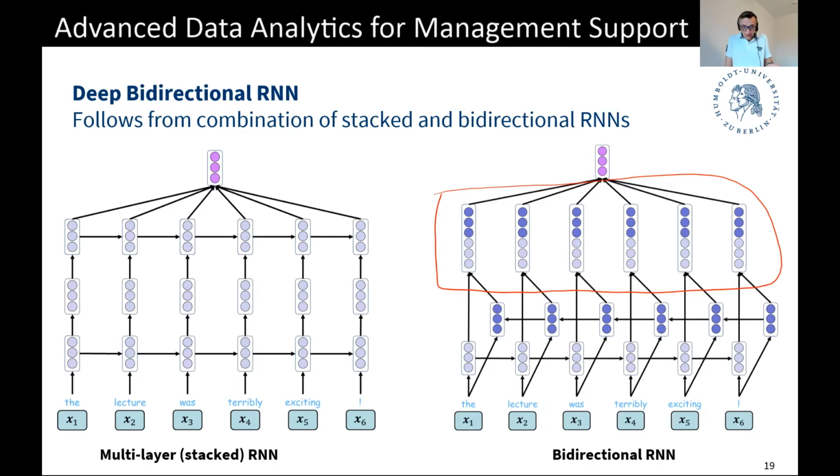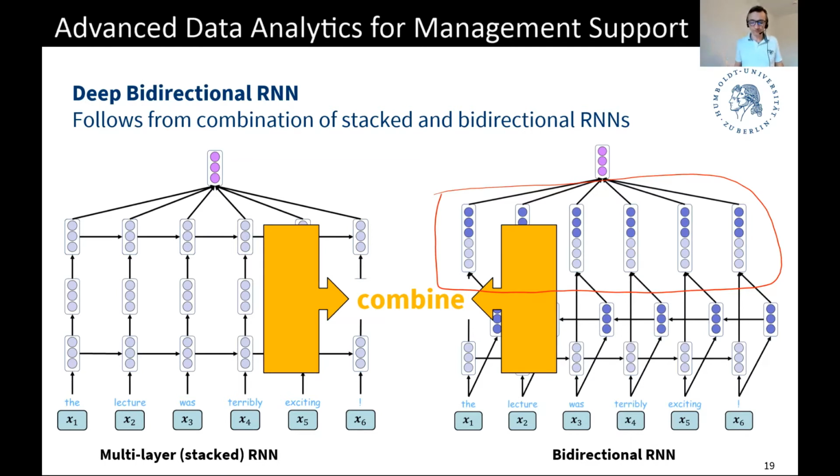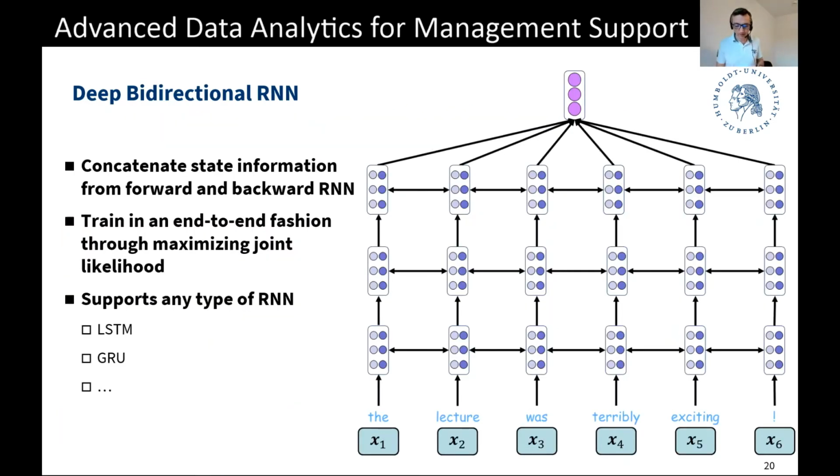And now a deep bidirectional RNN, as that used in ELMo, is just the combination of these two. You combine the two pictures, and the result could look somewhat like that. Trying to orient ourselves, we have tokens as inputs, words as in "the lecture was terribly exciting!"